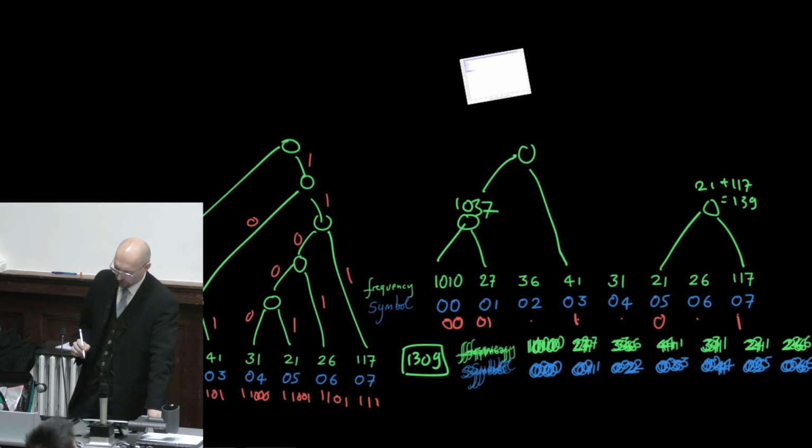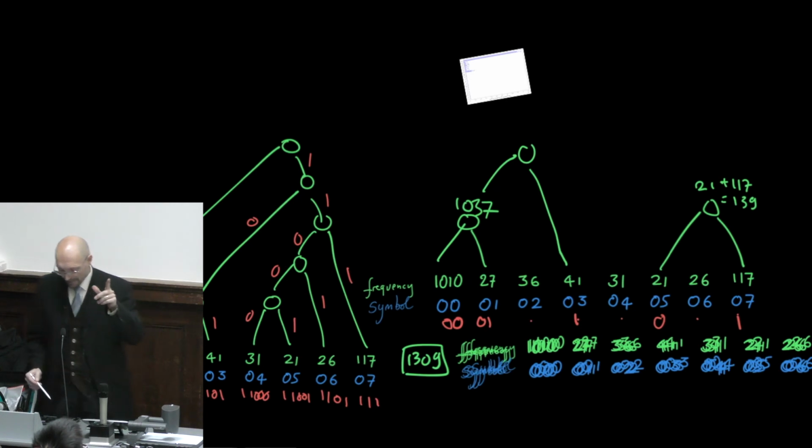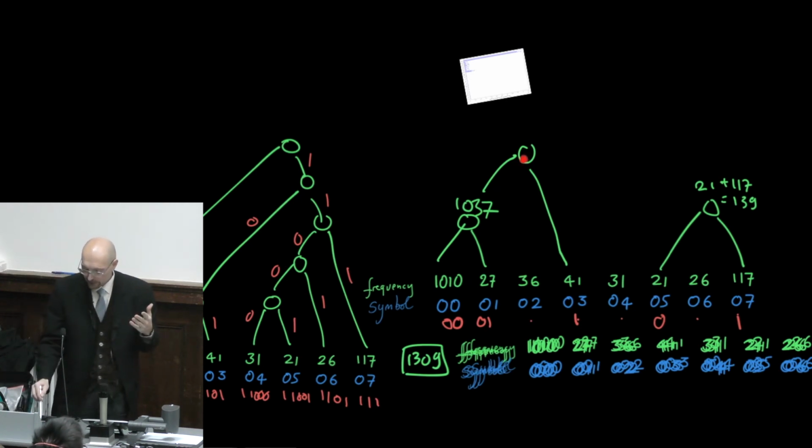And so the cost of this symbol in the code form so far would be 2 times 1010. The cost of this symbol would be 2 times 27. The cost of this one would be 1 times 41. This one 1 times their own frequencies. But, important, what is the cost of this particular decision of merging this and this?